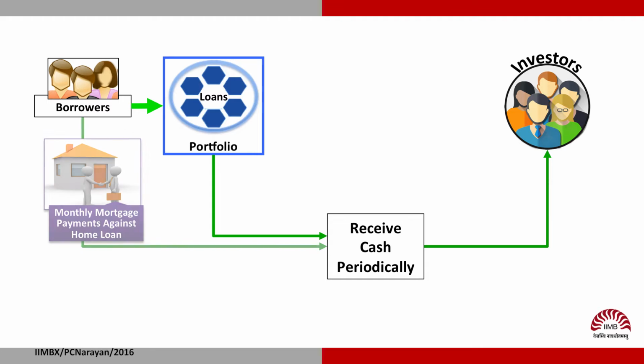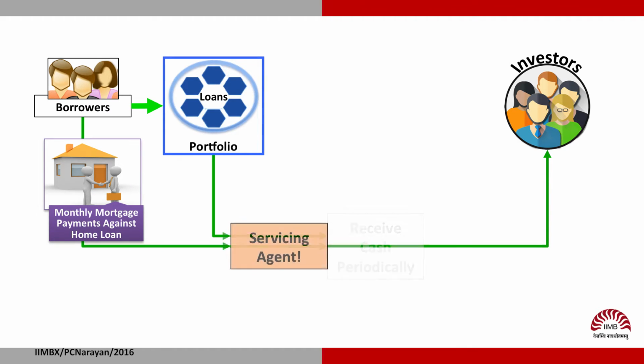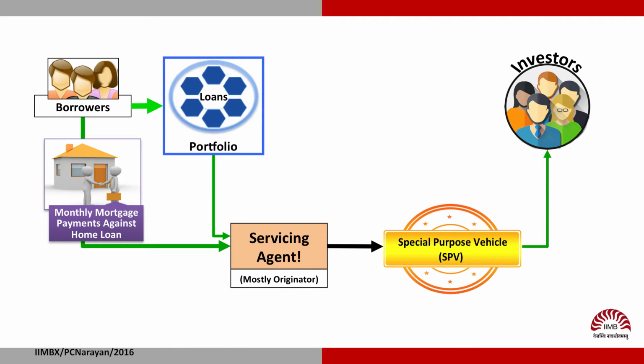Example, monthly mortgage payments against a home loan. The servicing agent, in most cases the originator, will receive these payments and turn them over to the SPV, whose responsibility it is to credit the same to the investors in the securitization portfolio.